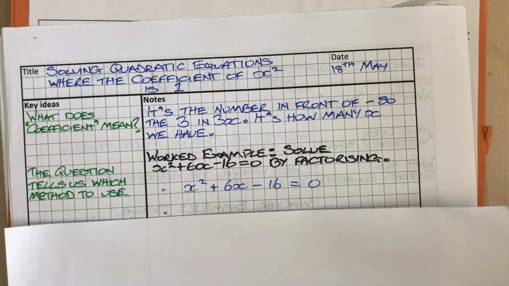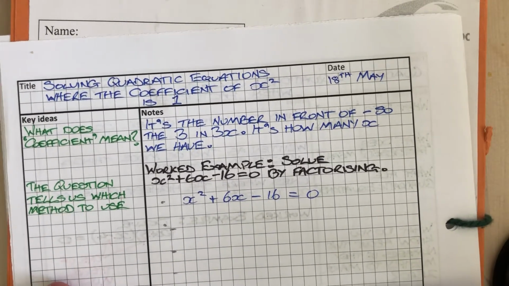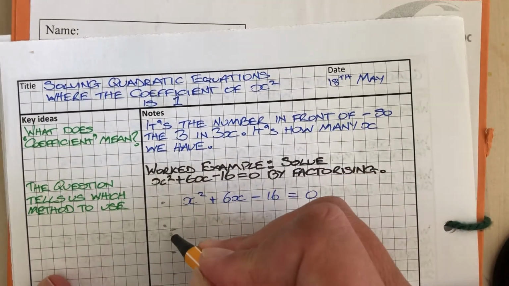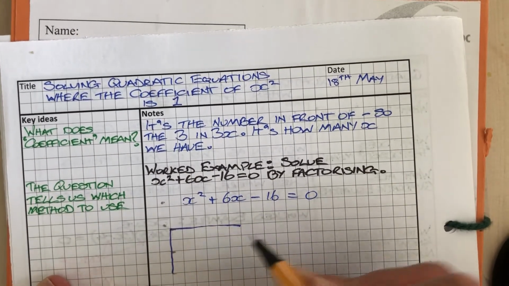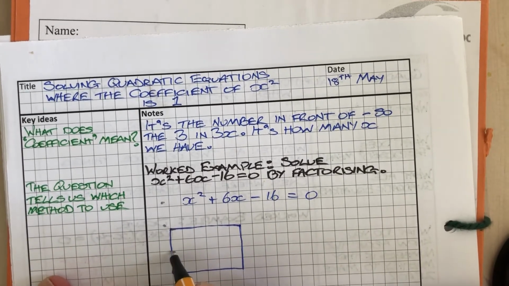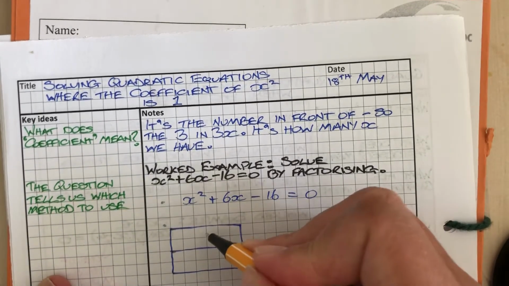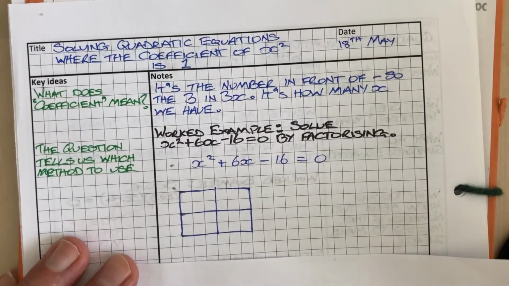So we said factorise means find two things that multiply to make. It's to do with multiplication, so I am going to use a multiplication grid. So I'll just quickly draw one here. Nicer if I used a ruler, but that's okay.